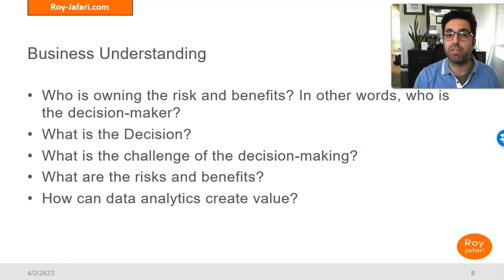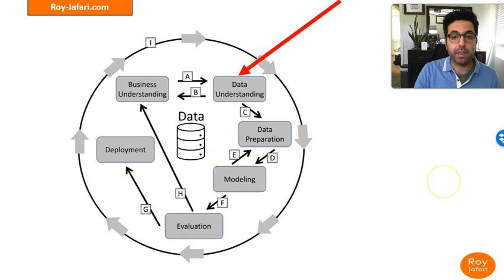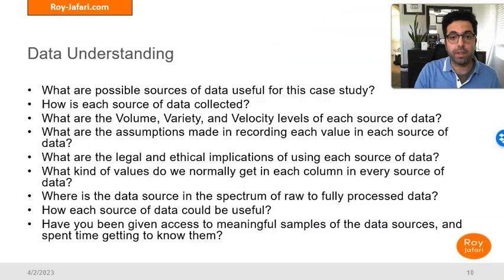If you can answer 5 questions about your data mining project or any data-related project, you can say you have a pretty good business understanding. And after that, for data understanding, similar to business understanding, if you're able to answer these 9 questions about the data required for our project, then we can claim that we have data understanding.